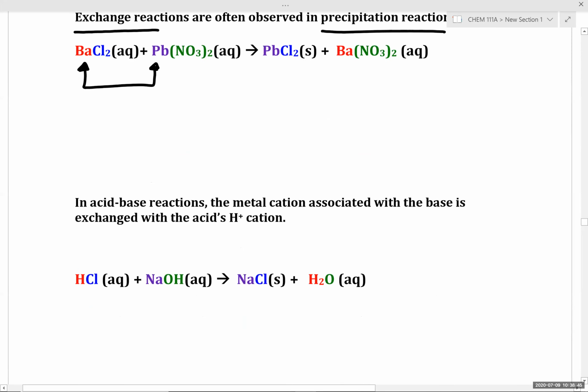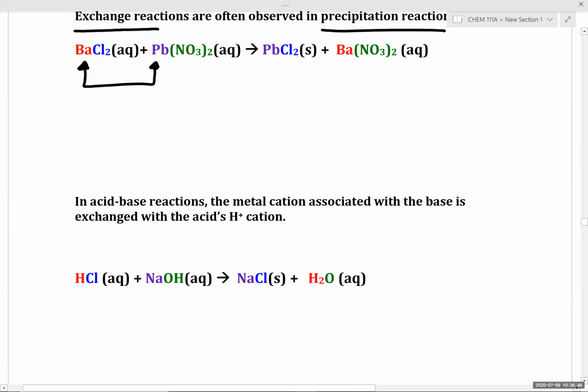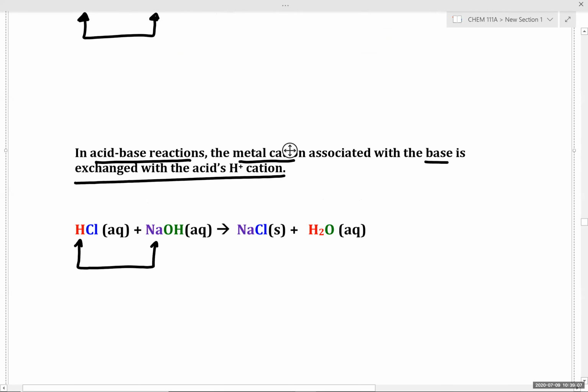Likewise, acid-base reactions, we can think of them as a variant on this exchange reaction pattern where the metal cation associated with the base is exchanged with the acid's H+ cation. So in this case, sodium and hydrogen are exchanged.